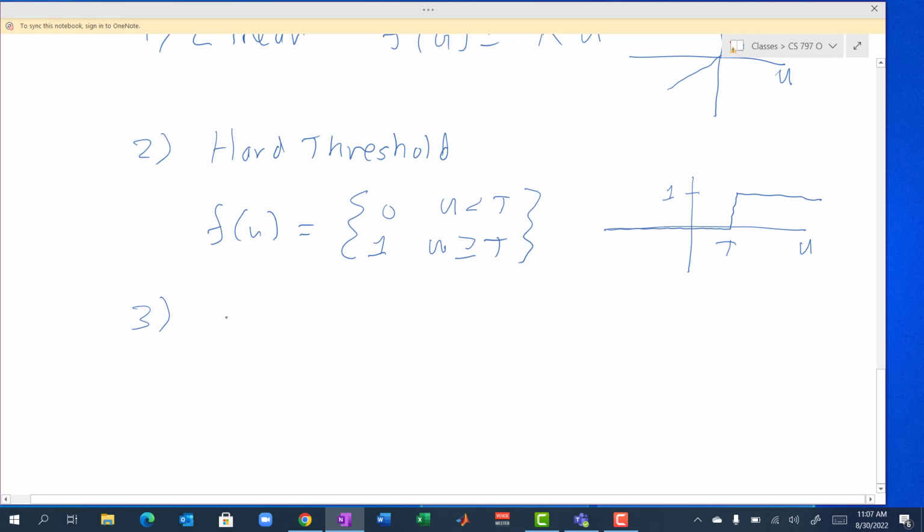Another useful one is called the sigmoid. And it's a soft threshold. And it looks like this.